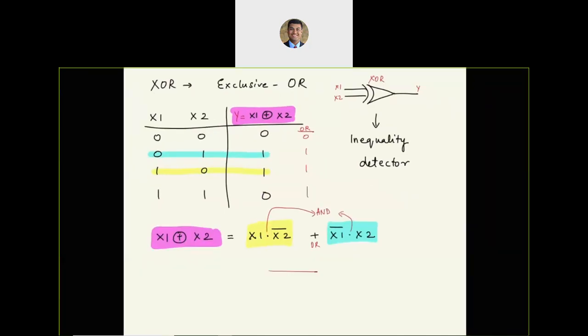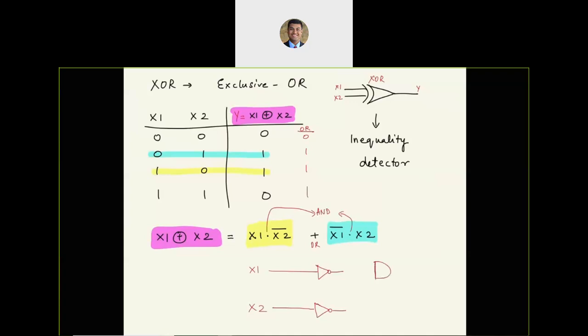Say I have x1 here input, x2 here input. I need to invert both of them because I need x1 complement or x1 bar. So let me use two inverters first, followed by two AND gates.